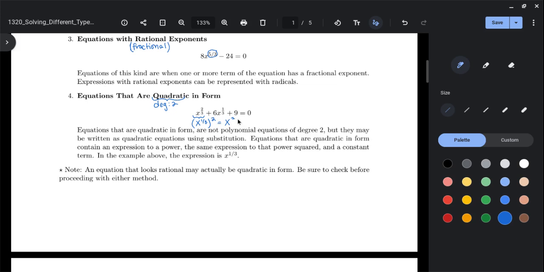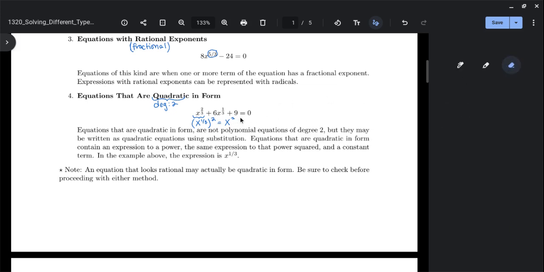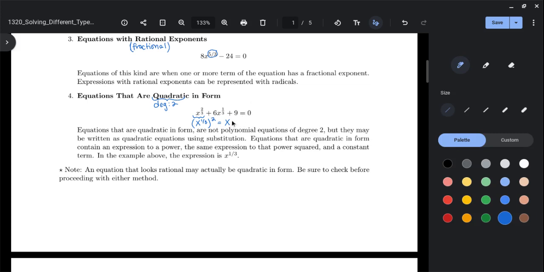So I would have x to the 1/3 times 2 power, which is going to be equal to, remember, multiplying fractions, we multiply straight across. So 1 times 2, we get 2. And then 3 is our denominator. So I'm allowed to write that x to the 2/3 term as x to the 1/3 squared.